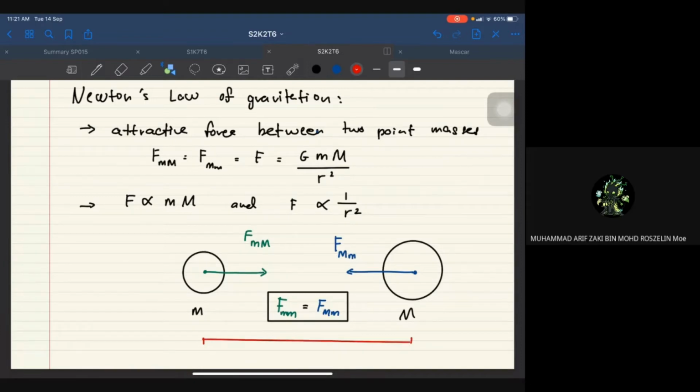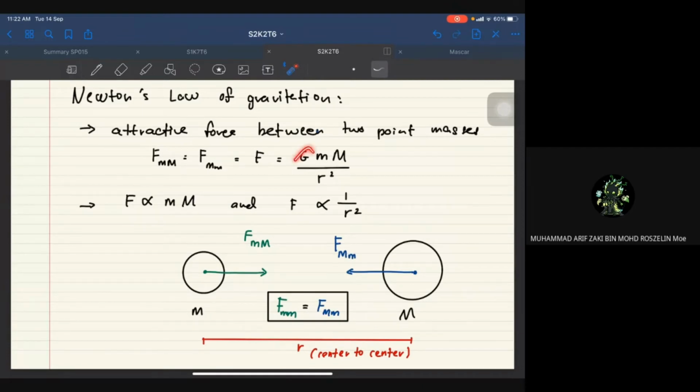Ya, ini antara satu kriteria penting lagi lah. Dia punya distance, R dia tu center to center. Tak kisahlah shape of the object tu macam mana, dia always from center to center. Okay. And then the G here is basically just a constant lah. Dia macam kalau kamu ada linear punya graph kan, so dia mesti ada constant.